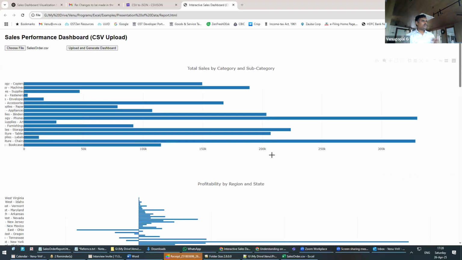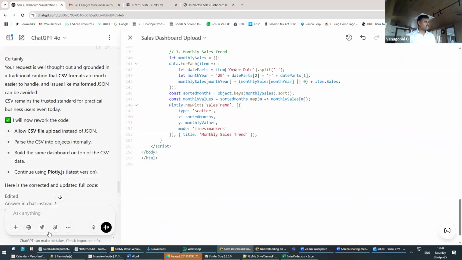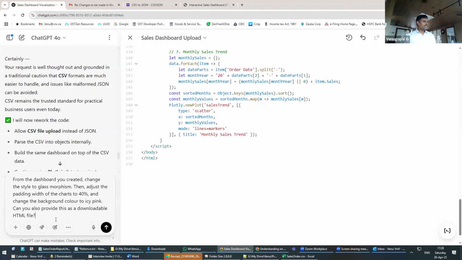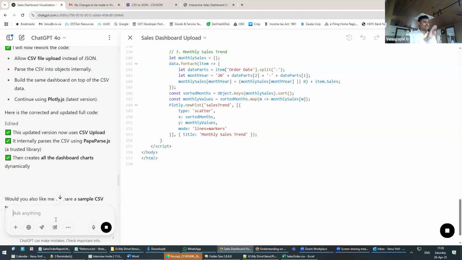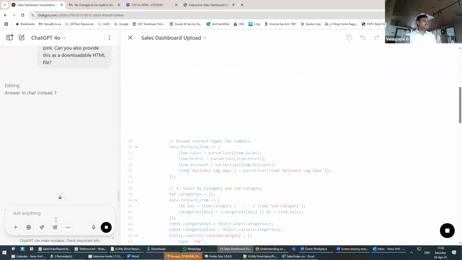I am now giving one more small prompt. Try this prompt back in your sales dashboard. You are now saying that from the dashboard you created, change the style to glassmorphism, then adjust the padding of the chart to 40%. And I'm changing it to a little pink color instead of the white, I have asked it.